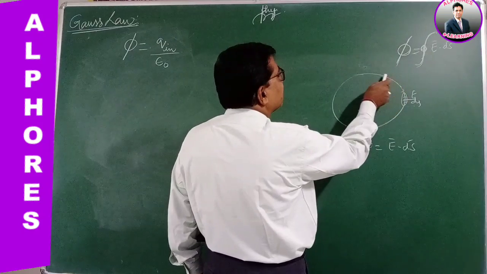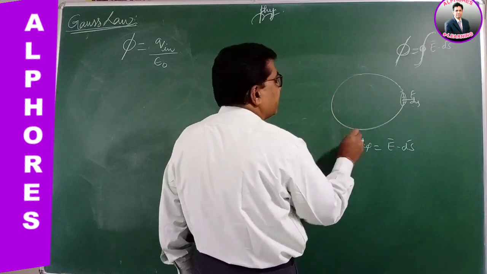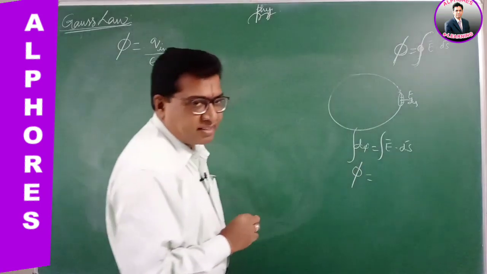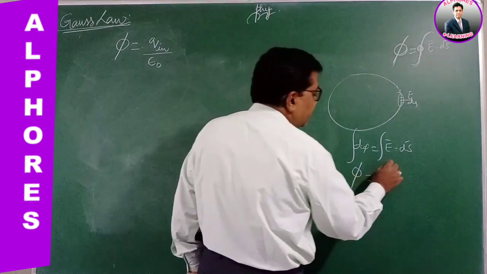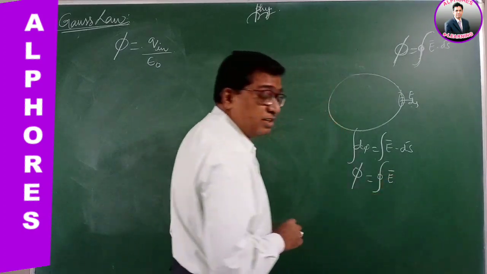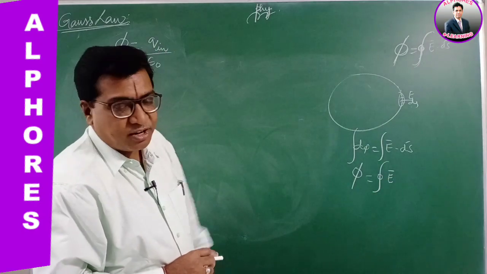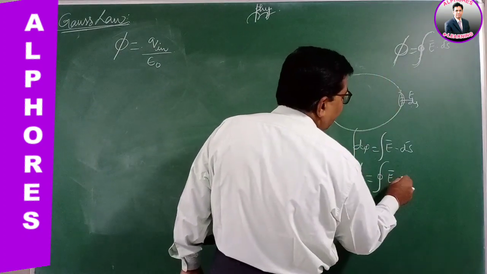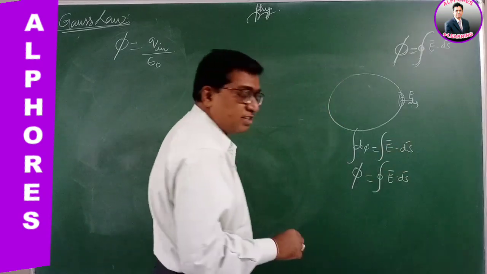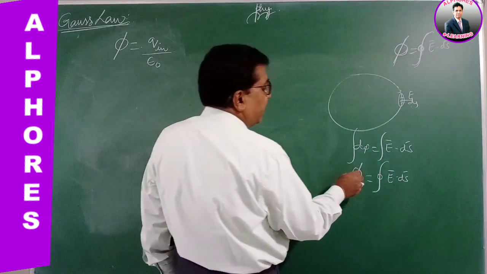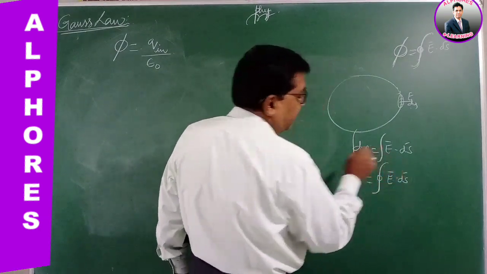Considering all such area elements over this Gaussian surface, the total flux, by the definition of the flux, is the surface integral of the electric field intensity over the enclosed Gaussian surface. So phi is integral E dot ds.